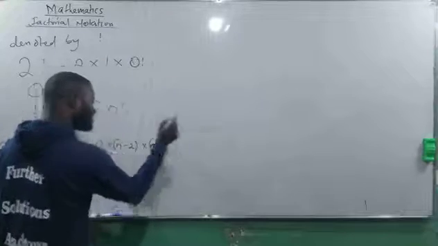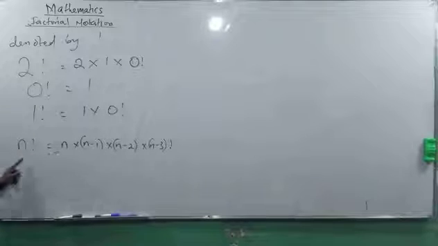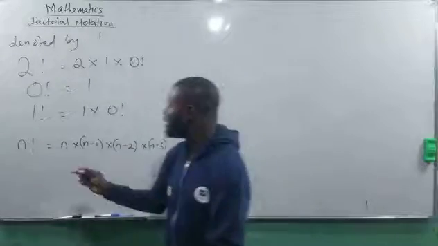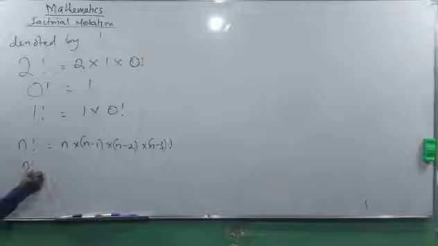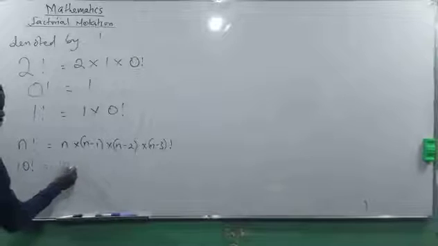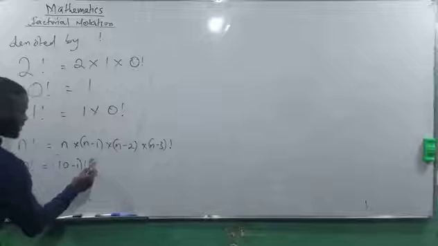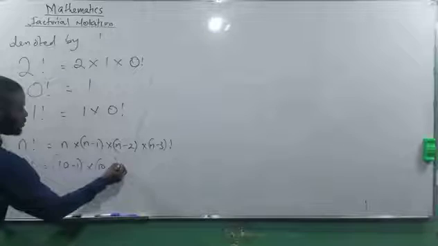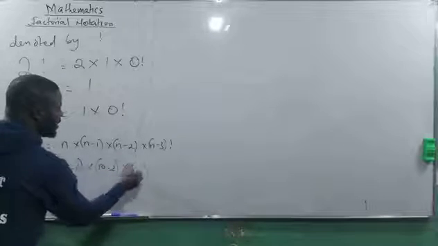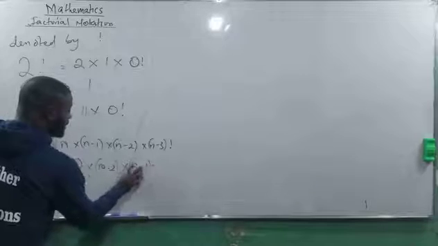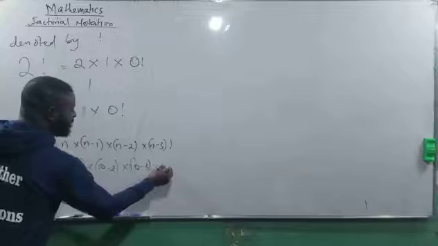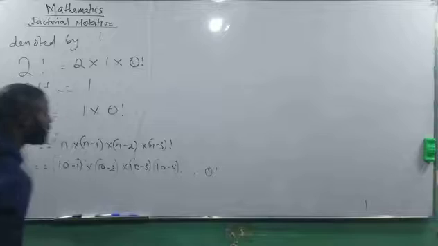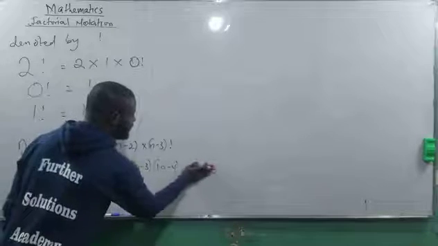For instance, I need to work it out like this. It means I'm talking about n factorial. The n factorial is being done this way. For example, if I have 10 factorial, it will be 10 multiplied by 10 minus 1, multiplied by 10 minus 2, multiplied by 10 minus 3, multiplied by 10 minus 4, and it continues to 0 factorial.